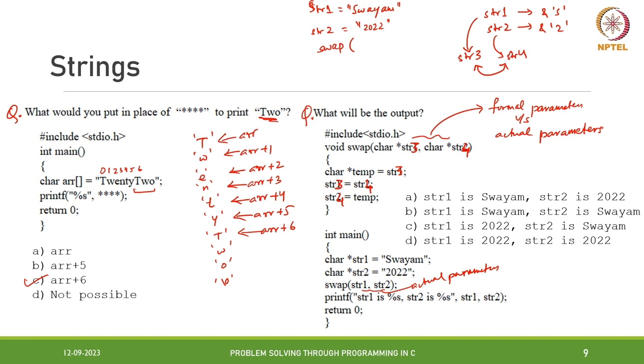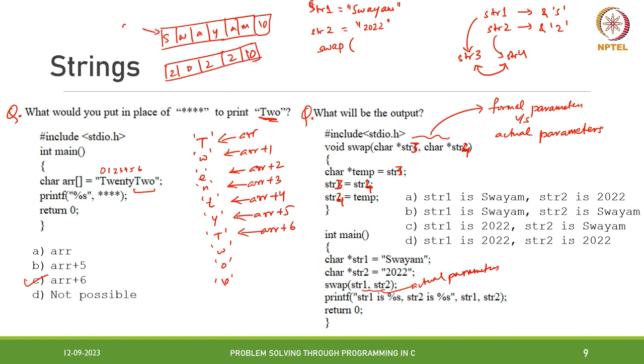because if you had changed the values at str3 and str4, it would have affected str1 and str2. In the memory somewhere you have this stored, and similarly you have 2022, also in the memory.